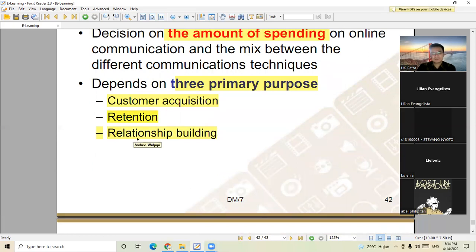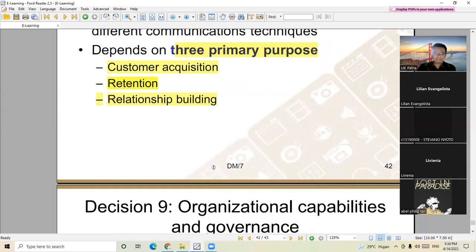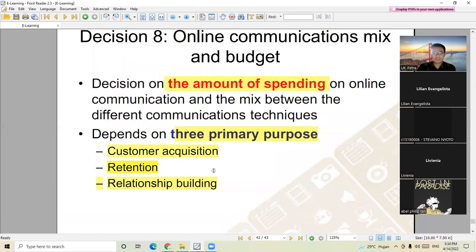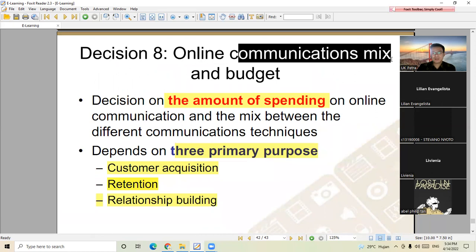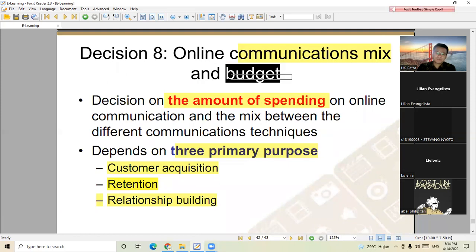Customer acquisition is how many customers buy our product. Retention is how many customers make a repeat purchase. So it's about relationship building, and the companies should care about this. They need to tailor their communication mix according to their budget.